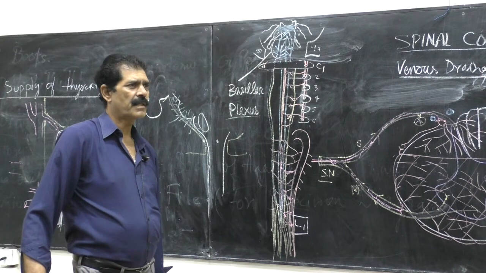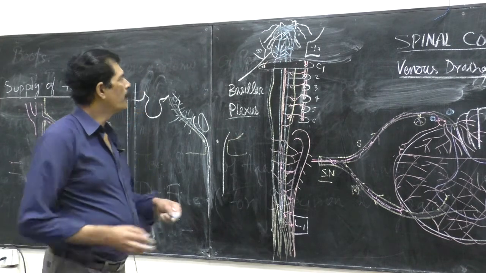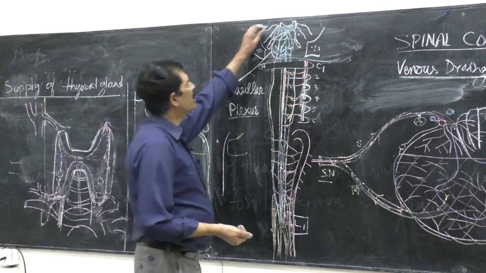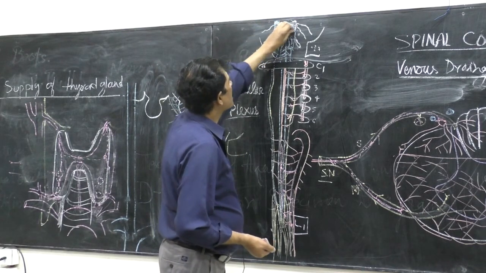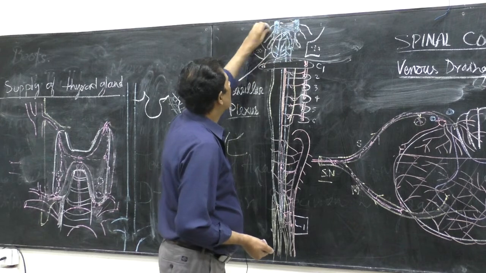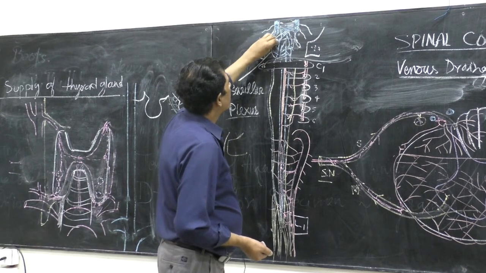Posterior intercavernous sinus opens on both sides to the two cavernous sinuses.